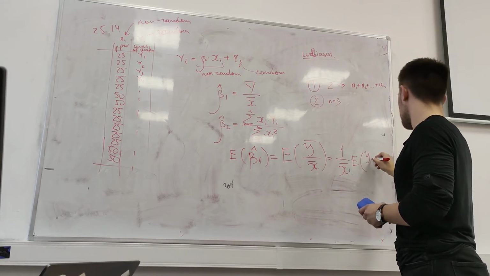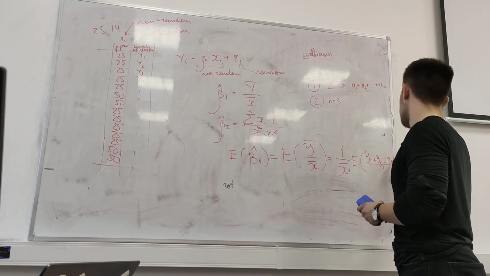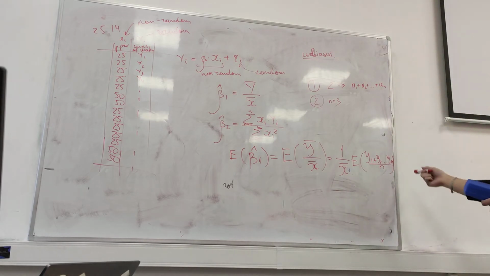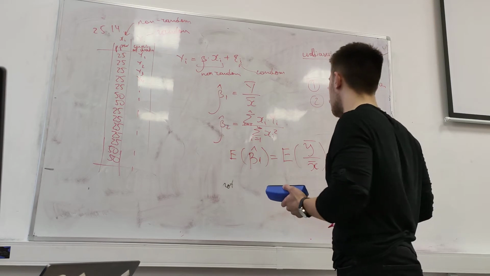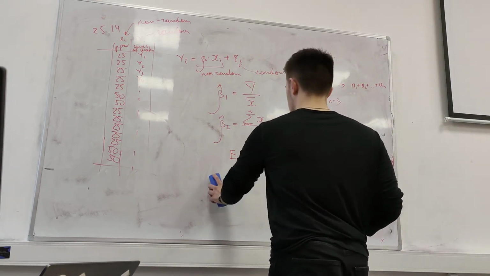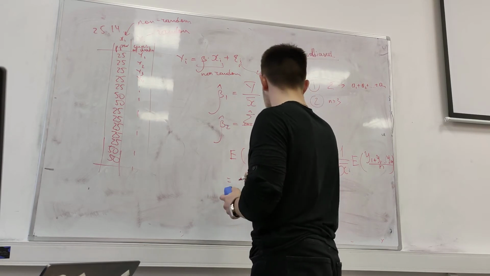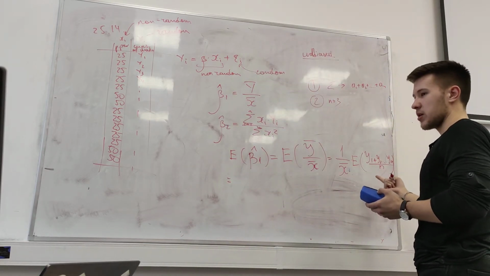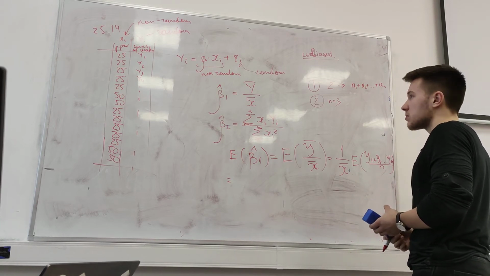The expected value of y1 plus y2 plus dots plus yn divided by n. And they are the same, so we can write only the expected value of y1. No, they are not the same.